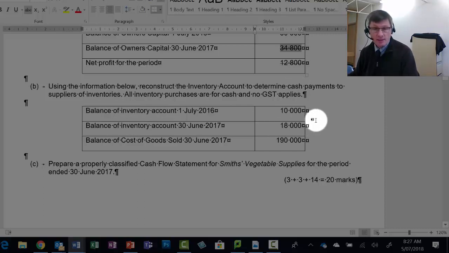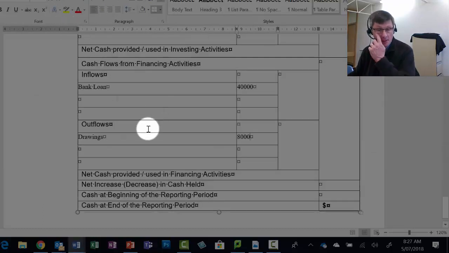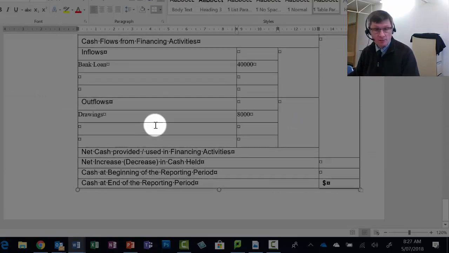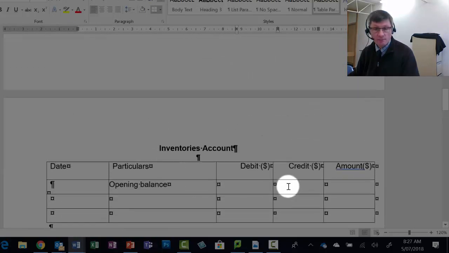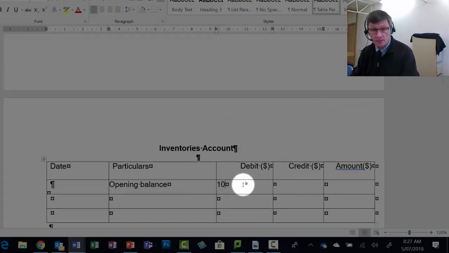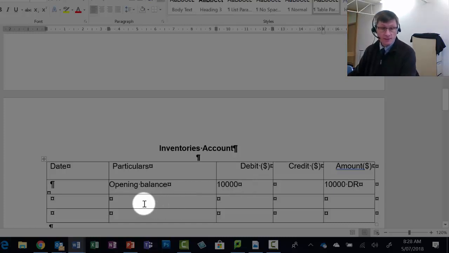So let's put in the balance of the inventory account at the beginning. So I'm going to go to my inventory account. There it is there. The opening balance was 10,000, and I'm assuming that you are in the knowledge that it should be a debit balance.